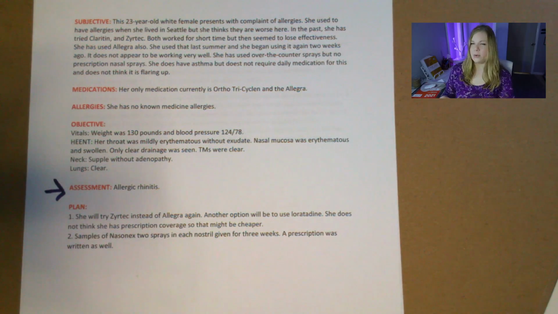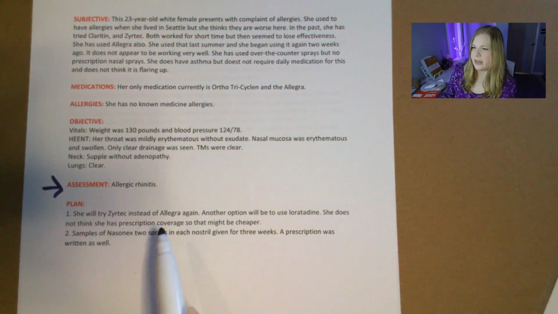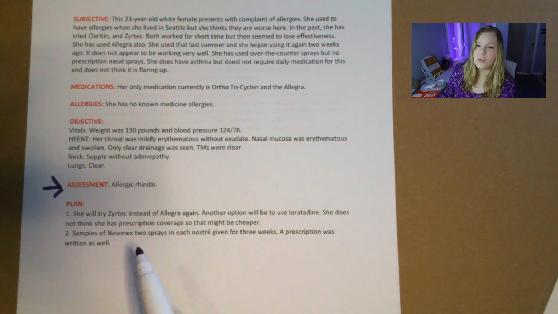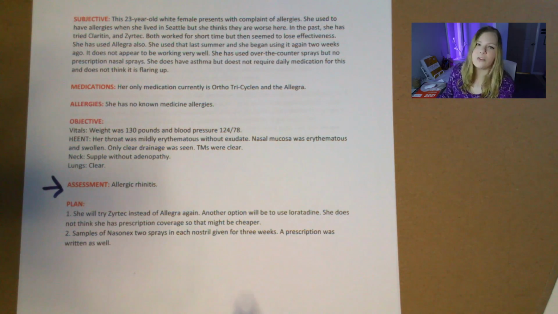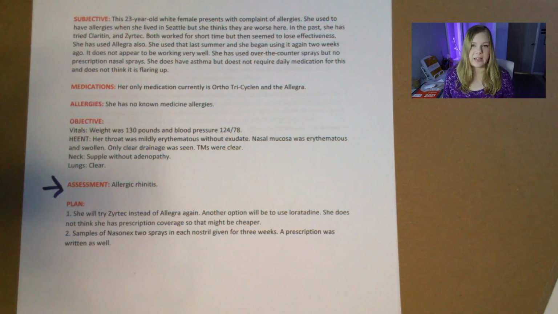Again, we're probably thinking more that level 3 range, but let's see. She will try Zyrtec instead of Allegra. Now be very careful, because if you're not familiar with these medications, you might think, oh, these are prescription, but these are available over the counter. So even if they're giving them a script, it still has to be something that they can't get without a prescription.